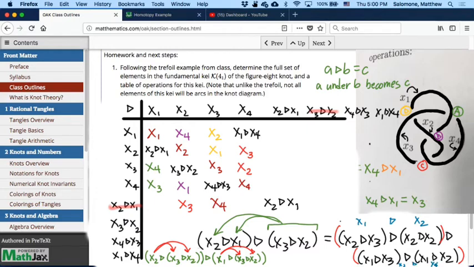Okay, and the fates are still smiling upon us because x1 triangle x2 can be simplified to x4. x2 triangle x4 can be simplified to x3. So what we really have is x4 triangle x3, which isn't simplifiable, but it's one of our 8 elements. So we would just write it, x4 triangle x3. Okay. So that's not so bad, as long as we can convince ourselves that left distributivity is a thing.